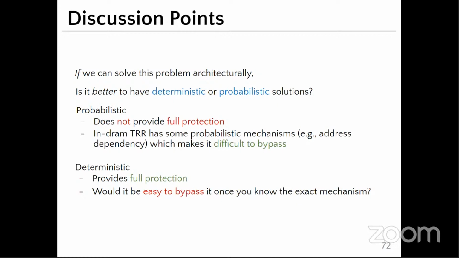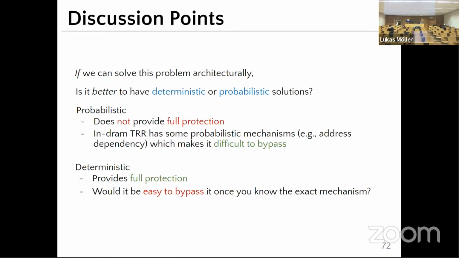You just refresh nearby rows based on a certain probability, which is very area efficient. So the amount of area and energy requirements you have to put into deterministic solutions might not be worth it.